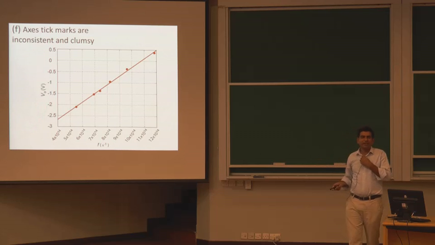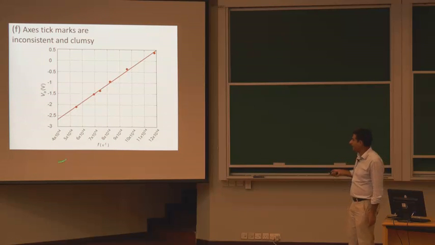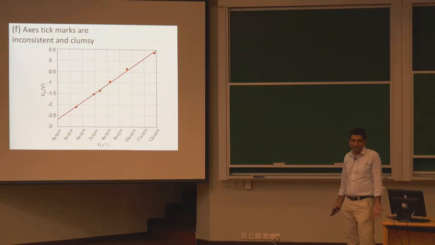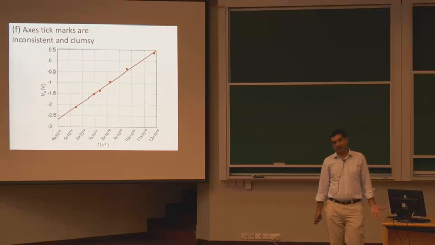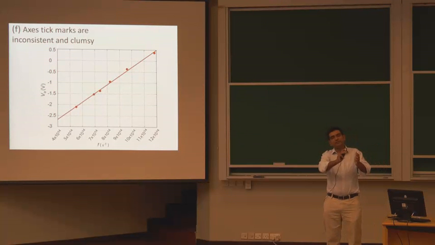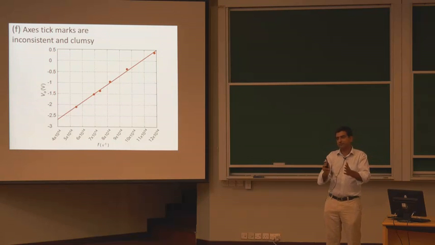But one thing that I've done which appears untidy is that instead of clumping the 10 to the power 14 factor with this axis label, I've just put in a 10 to the power 14 at all the points. Now this is correct by all means, but it doesn't look nice. I'm overly cluttering my graph. So it's good to put in common multiples, lump them together in the axis label, so that I don't overly repeat them.